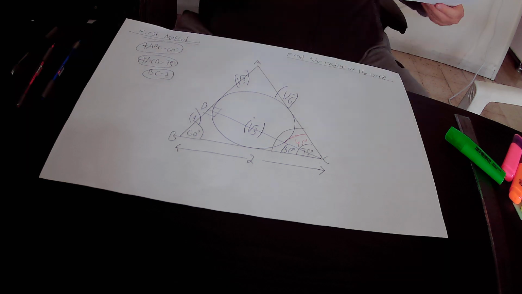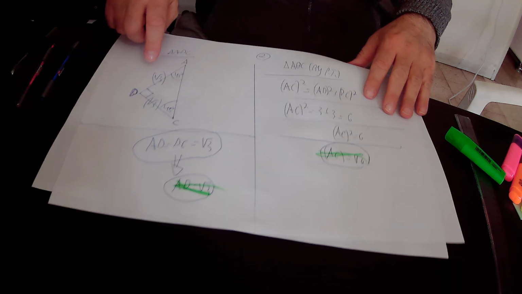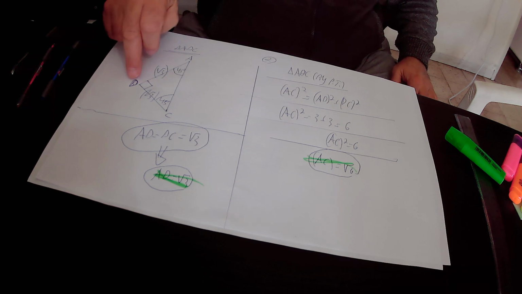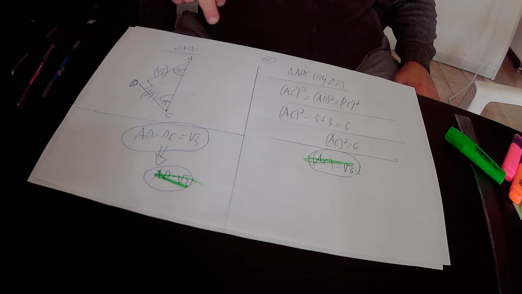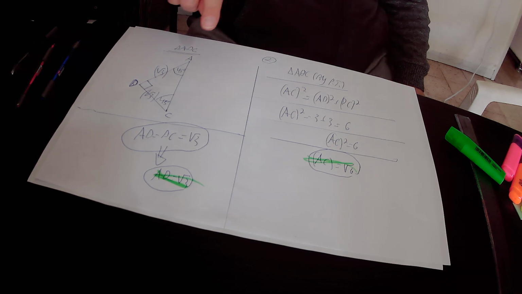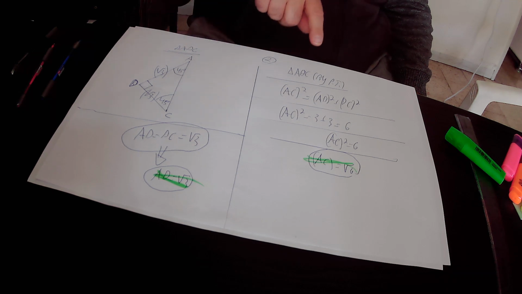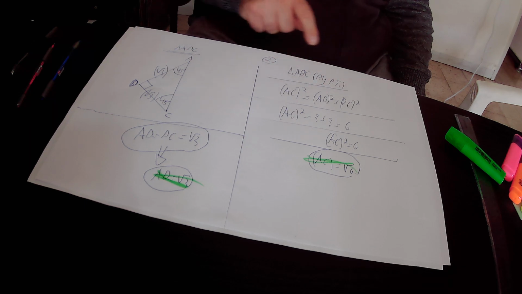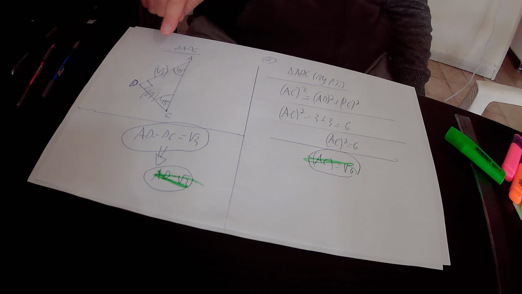We continue to focus on the right triangle ADC. Here we implemented the Pythagoras theorem on this right triangle ADC in order to find the hypotenuse AC. According to the Pythagoras theorem, in the right triangle ADC, AC squared equals AD squared plus DC squared. AD is square root of 3, therefore AD squared is 3, plus DC squared.